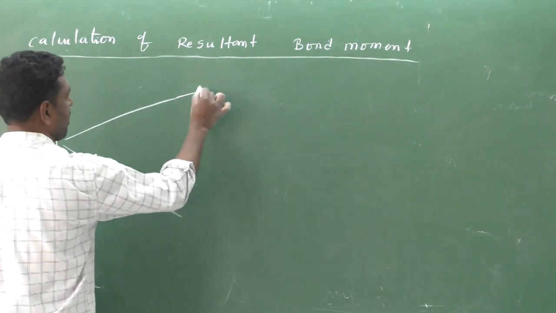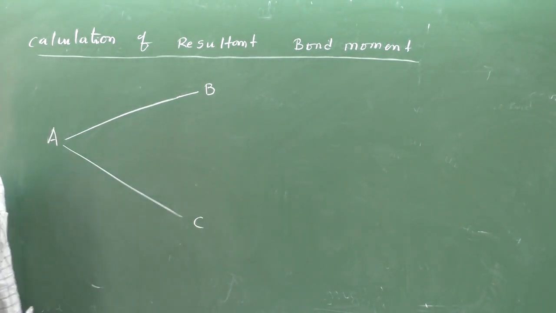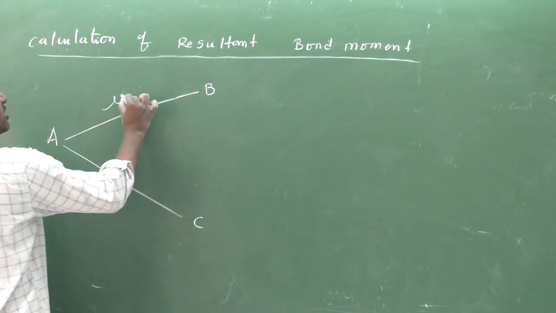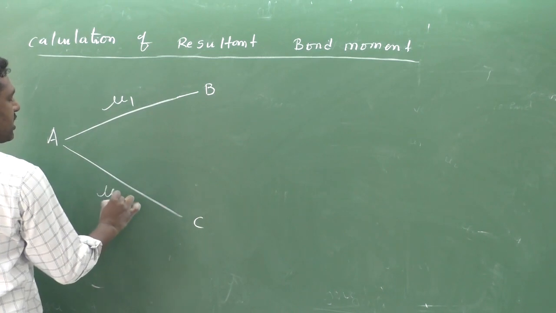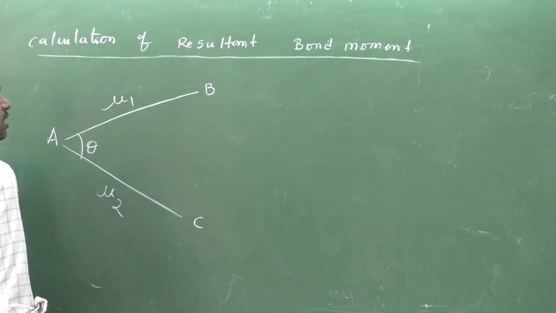So here, A, C. In this direction this is mu1, in this direction mu2, and this is theta.